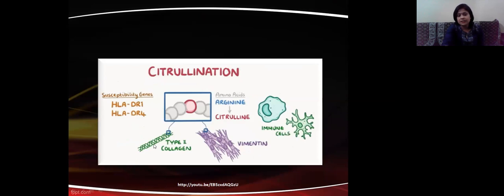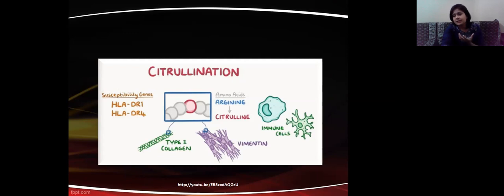So in a person with these susceptibility genes, the immune system is not clever enough to recognize these changes made by the process called citrullination. Vimentin and type 2 collagen are modified, and arginine is converted into citrulline.